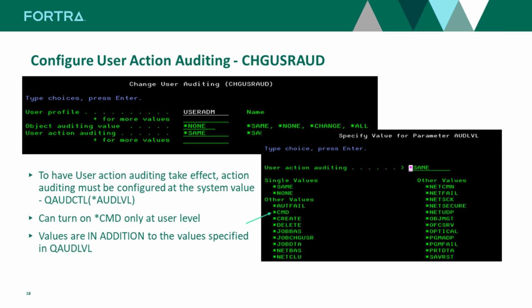And the one that can only be turned on at the user level is the *CMD value. And that will log any and all commands that those profiles are running. And that is whether they are running them interactively or they're running them through batch jobs. So again, I caution turning that command value on to any service profiles or profiles you have running your batch jobs, because that can exponentially fill your audit journal with activity.